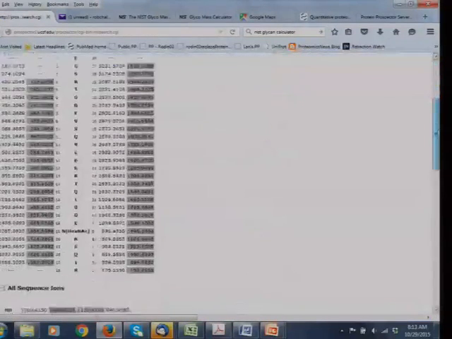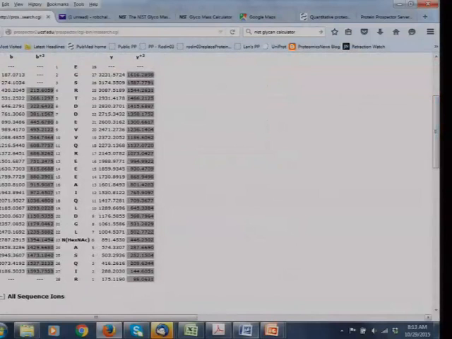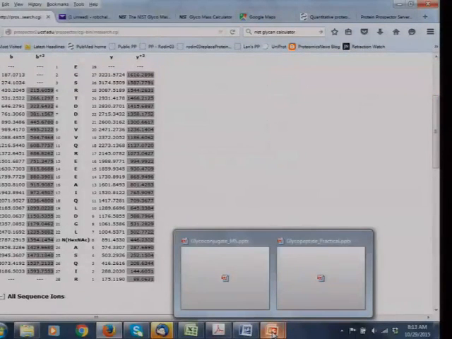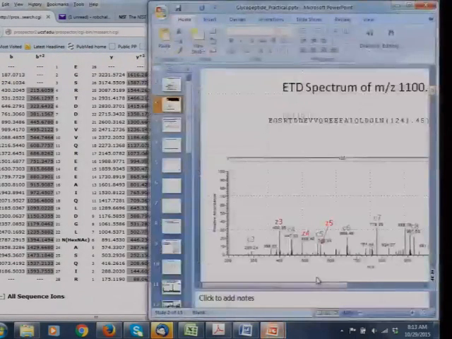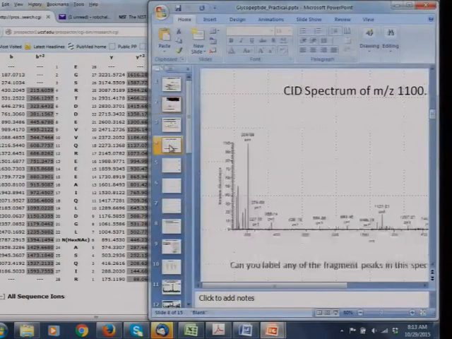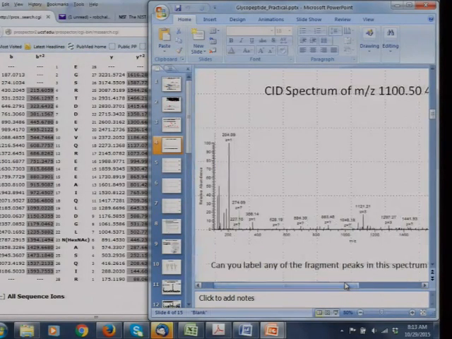So here it's going to give us what potential masses we might expect from the CID data. And we had a CID spectrum. And you're going to find that virtually none of these peaks can be explained. I doubt it. Let's see, 1297 3 plus. Oh, that's going to be very big.